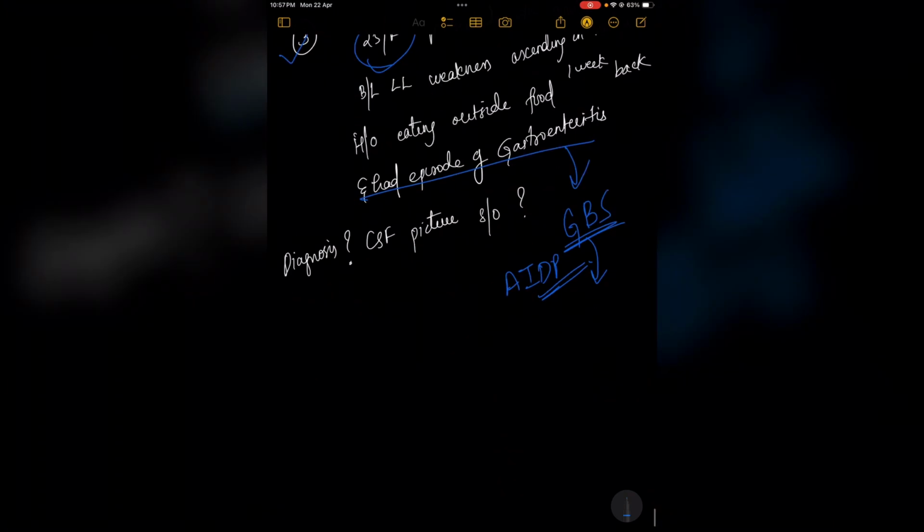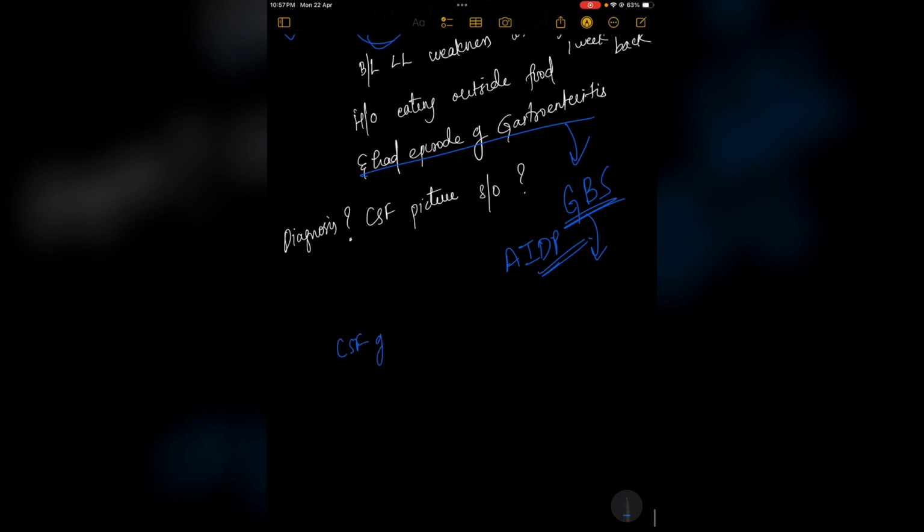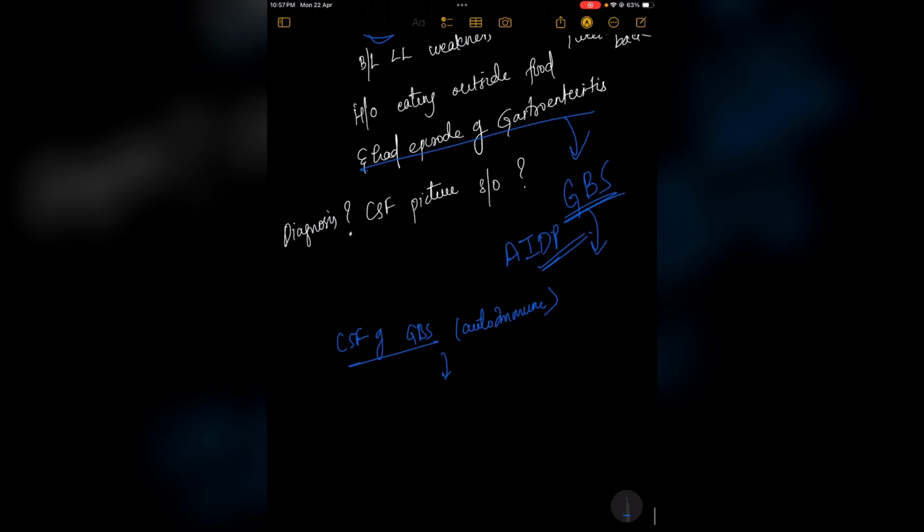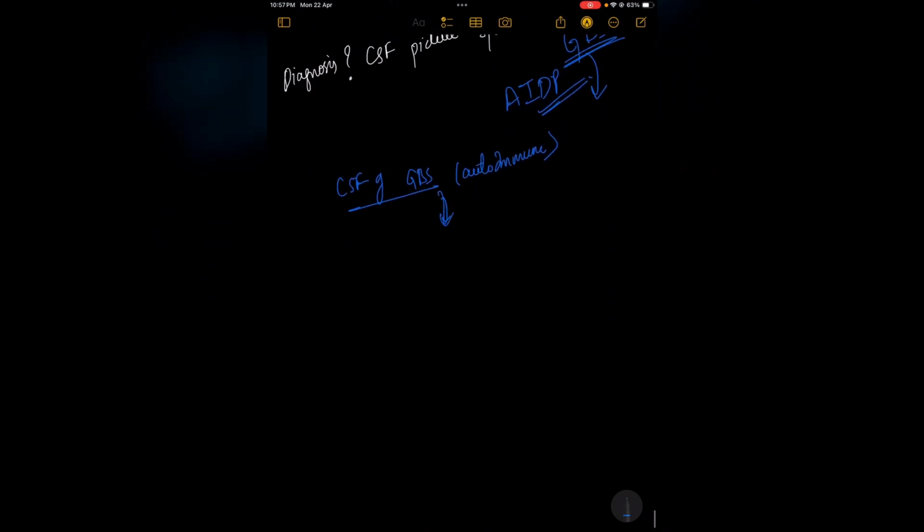Here we will learn about the CSF picture of GBS. This is an autoimmune condition. In autoimmune conditions like GBS, the classic CSF presentation is albuminocytological dissociation.